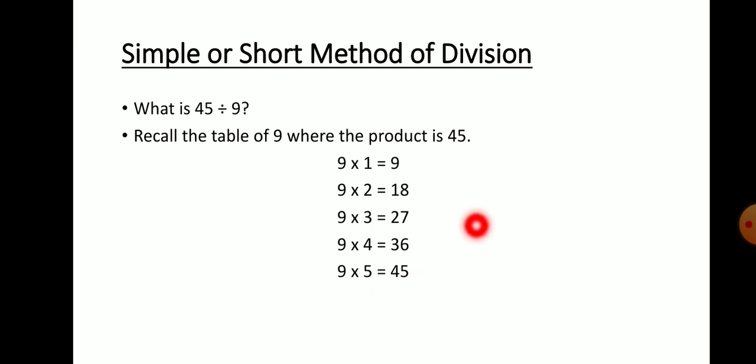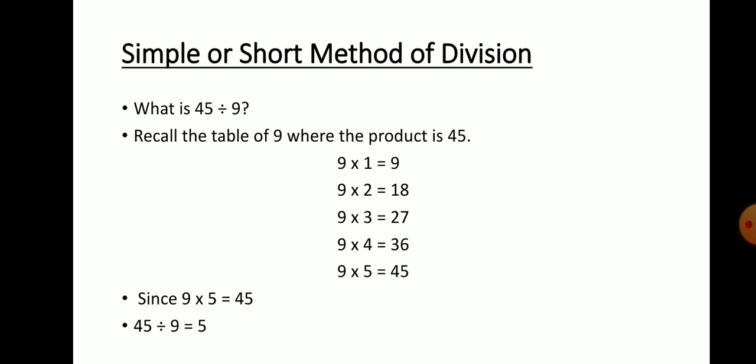That means if you divide 45 by 9, you will get the answer 5, because 5 times 9 equals 45. So we'll write our answer like this: 45 divided by 9 equals 5. Hope you understood that method.